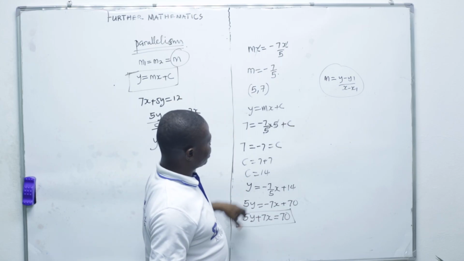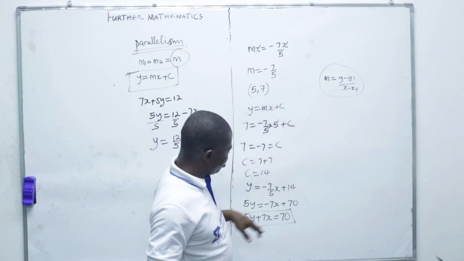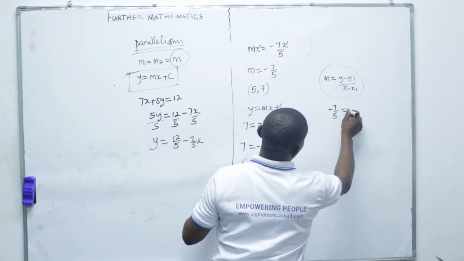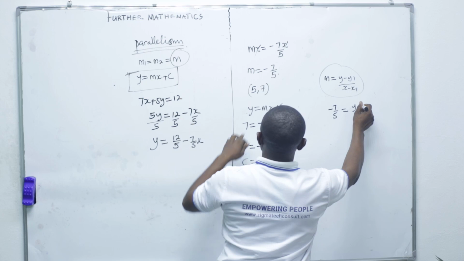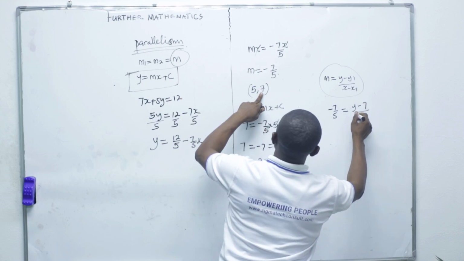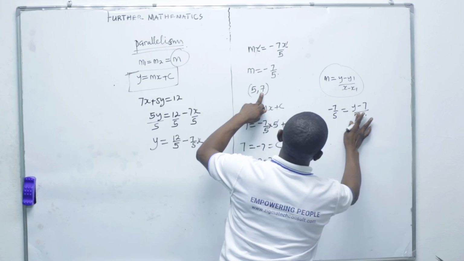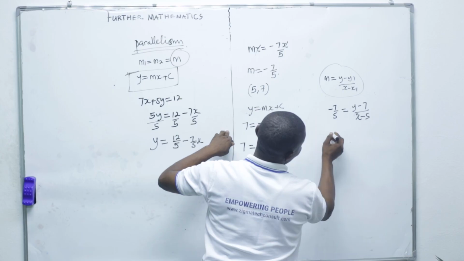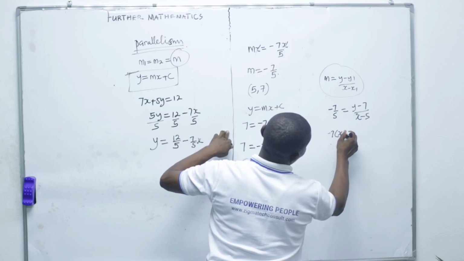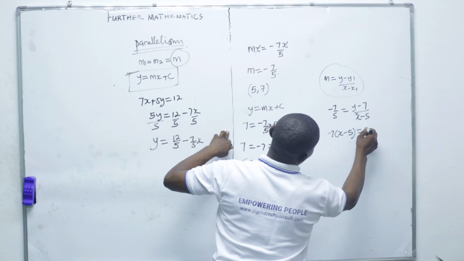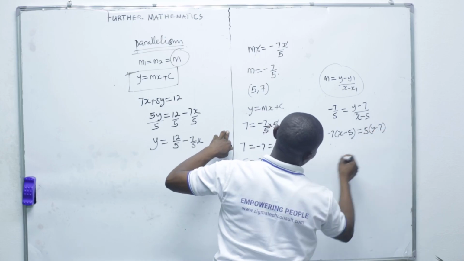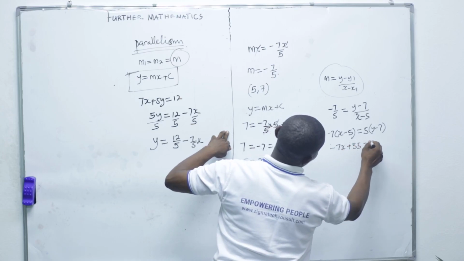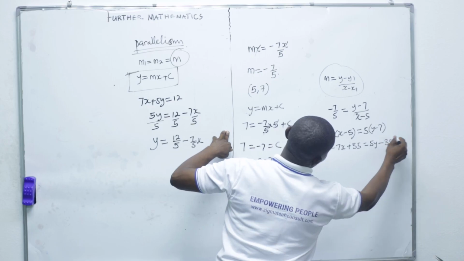To prove to you that this formula, in case some of you know this one, will still produce the same solution: minus 7 over 5 equals y minus 7 all over x minus 5. Cross multiply: minus 7 into x minus 5 equals 5 into y minus 7. Minus 7x plus 35 equals 5y minus 35.